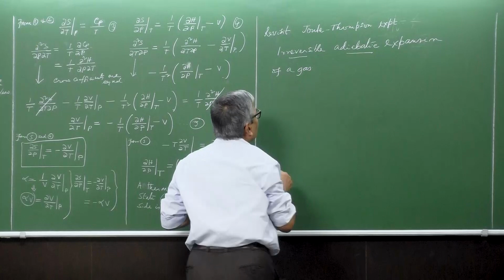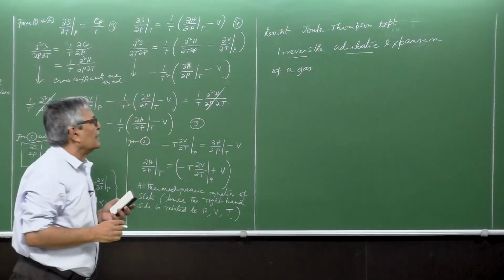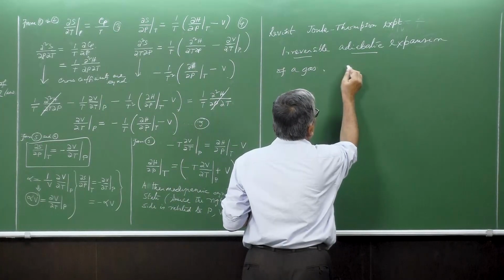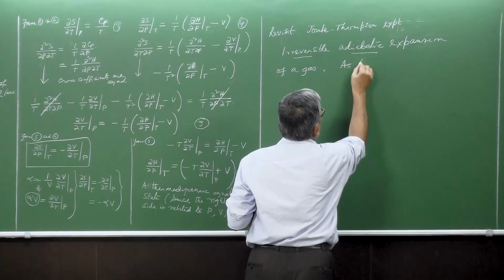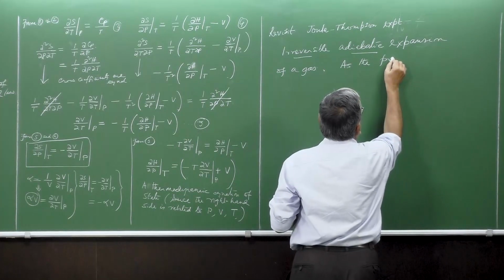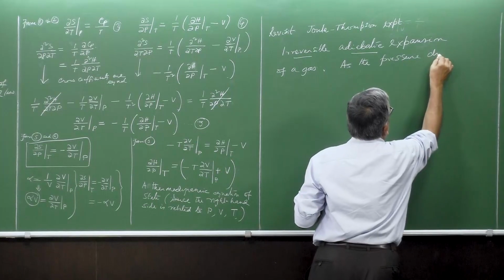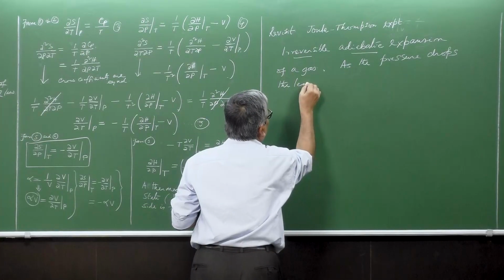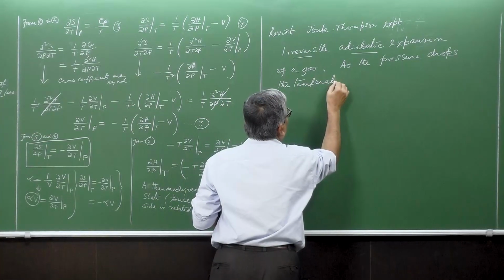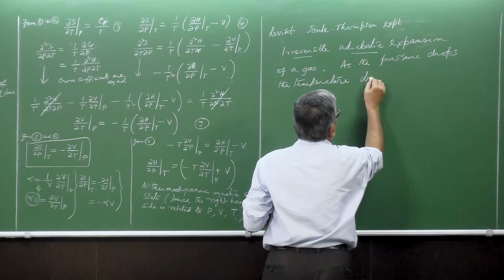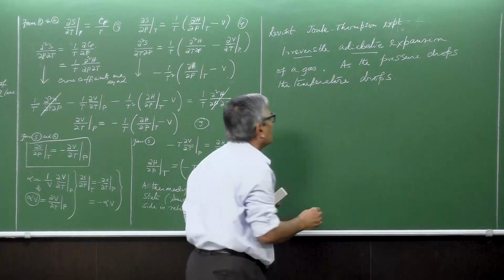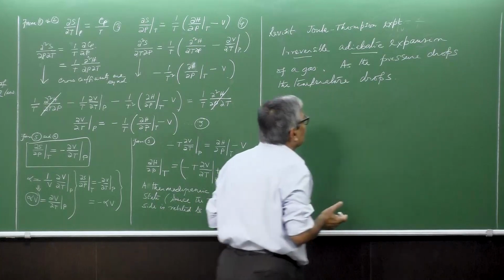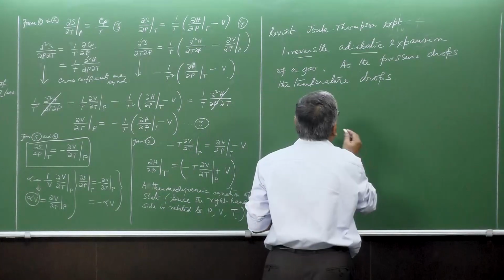Under this, there is a pressure drop, and as the pressure drops, the temperature drops, and the measure of this temperature drop is the Joule-Thomson coefficient.